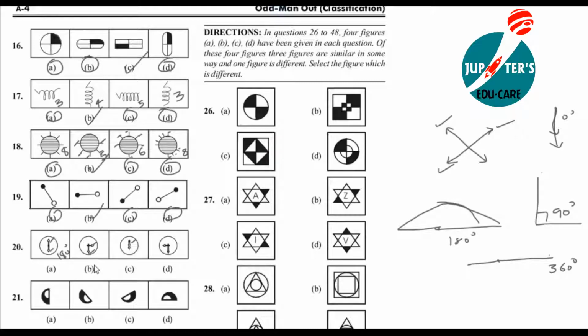In option B it is 90 degrees, like this. In option C, the hour hand and minute hand are at the same place, so it is 0 degrees. In option D, it is 90 degrees. So options A, B and D have degrees, but in option C we have 0 degrees. So option C is our answer.